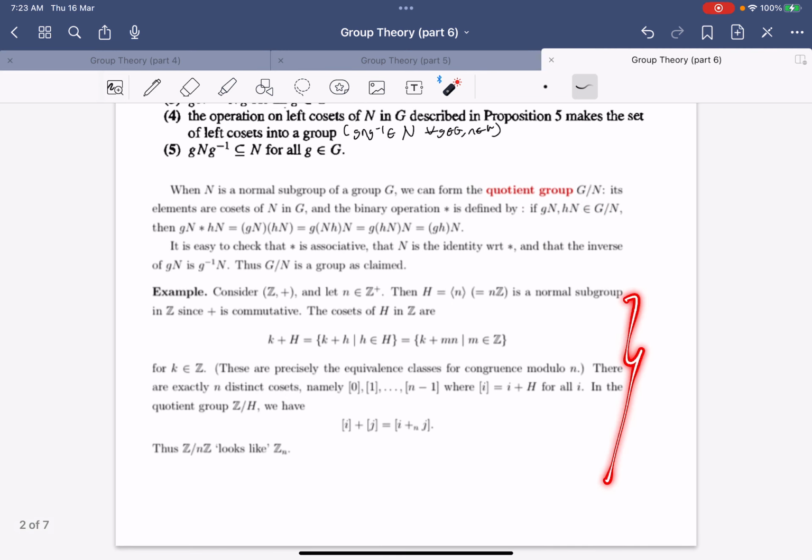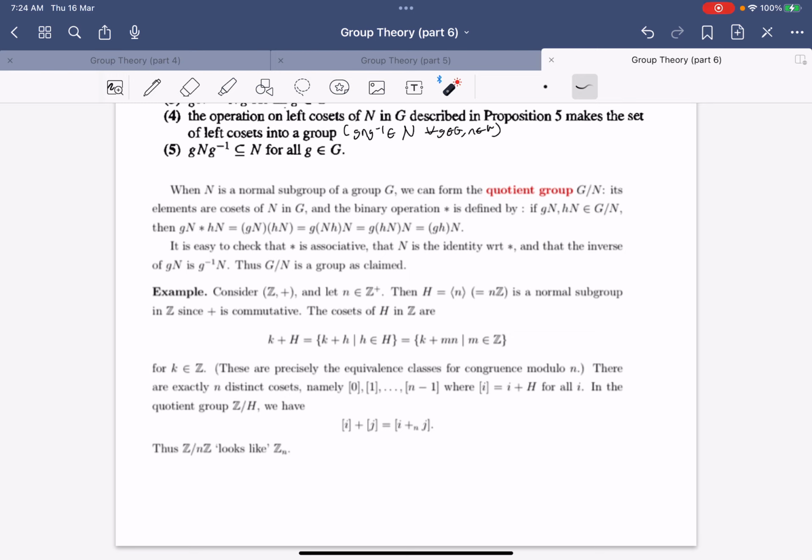An example of this is the set of integers, where we form the cyclic subgroup nZ. This is of course a normal subgroup because the integers are commutative. The cosets will be k plus h, with k plus h running through all of the subgroup.